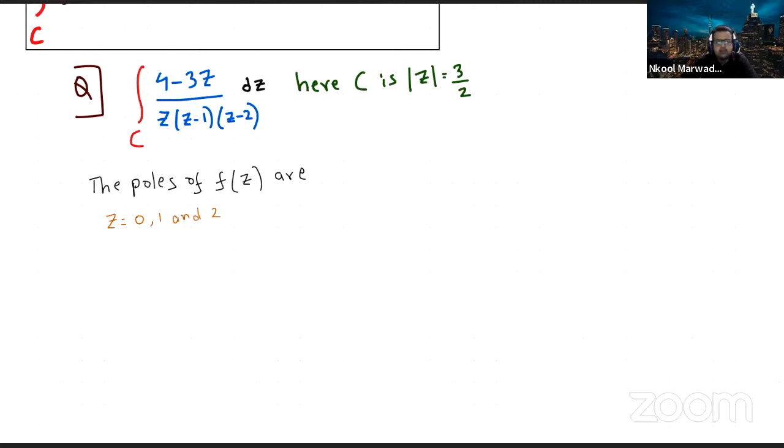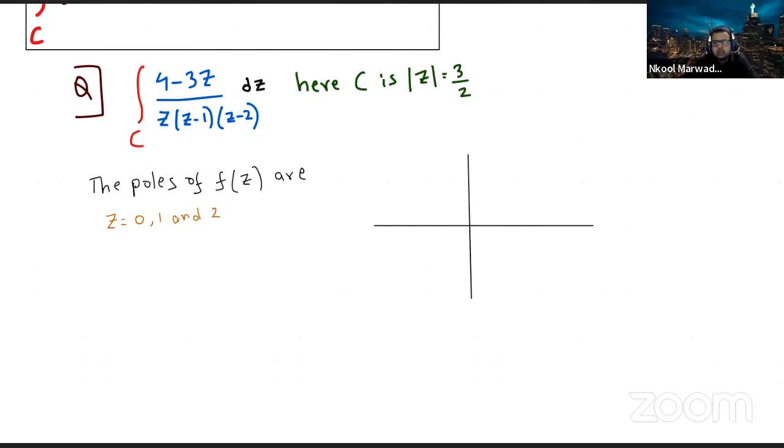Now let us see if we can get rid of some of the points by checking which points are inside the circle and which are outside. So this is the real axis.